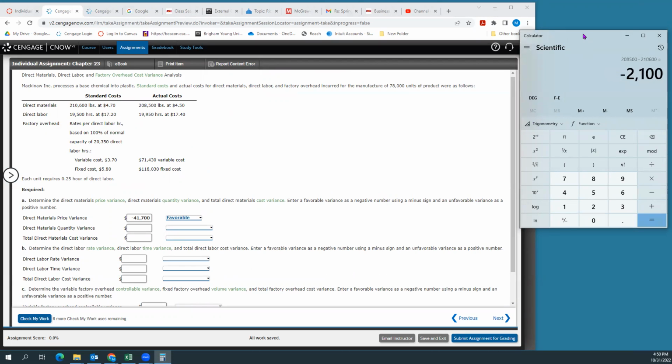Then we multiply that by the standard price, which was $4.70. That gives us -98.70. And again, we're going to call that favorable.